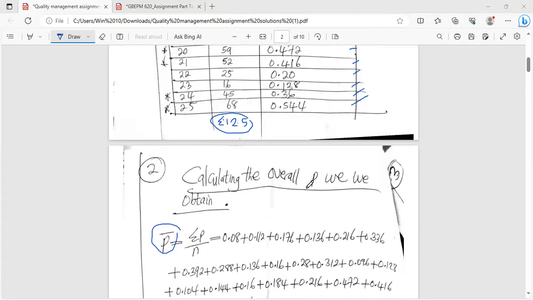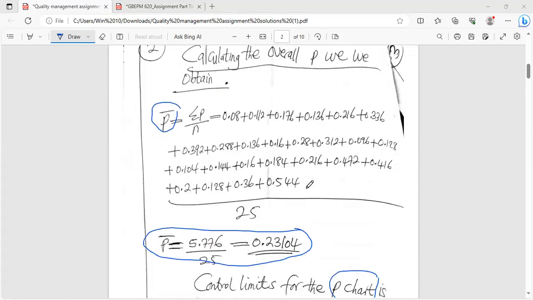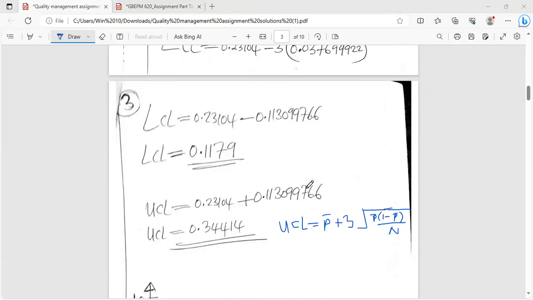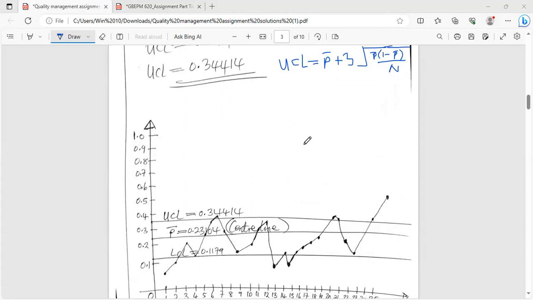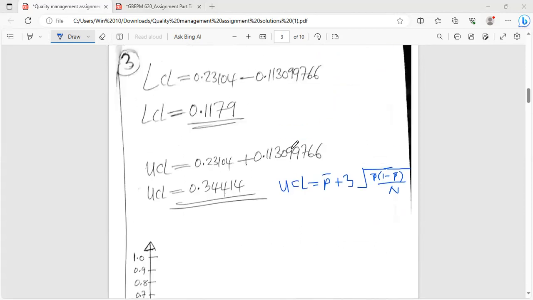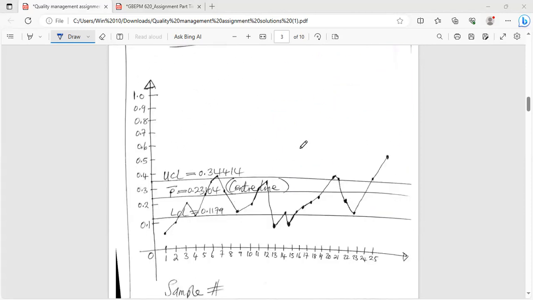From here, after getting the upper control limit and the lower control limit, we now need to plot. Our P bar is the center line.